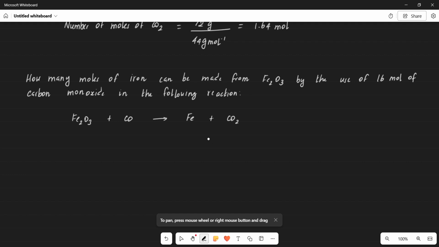The balanced equation has coefficients 1, 3, 2 and 3. So this is a balanced equation. What is given to me? 16 moles of carbon monoxide they are using. I want to know how many moles of iron are made.